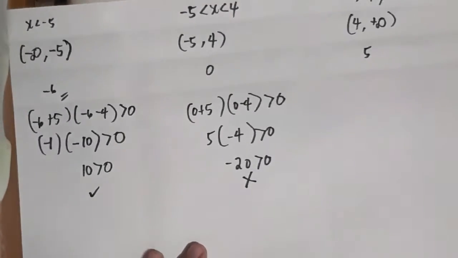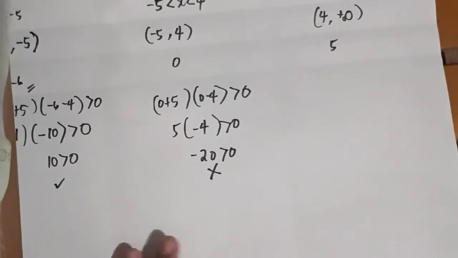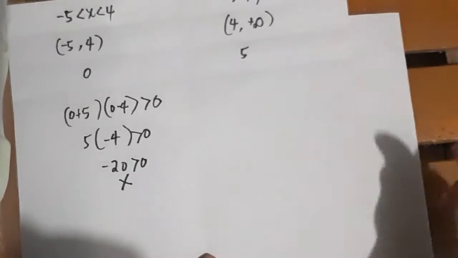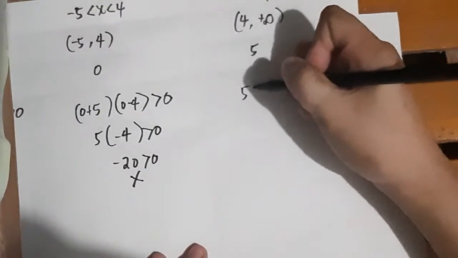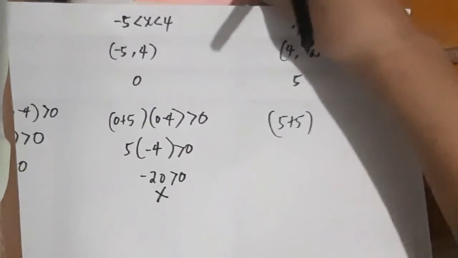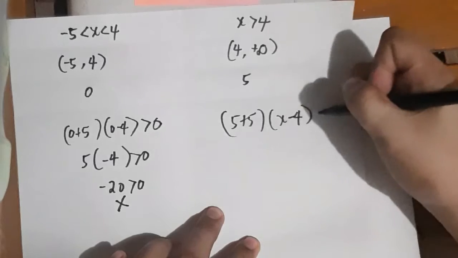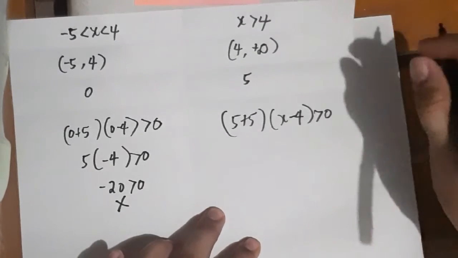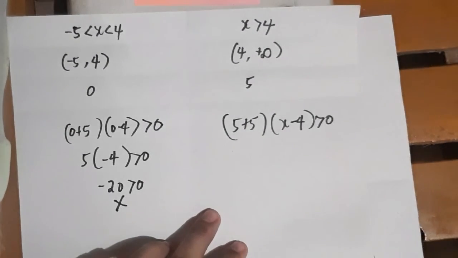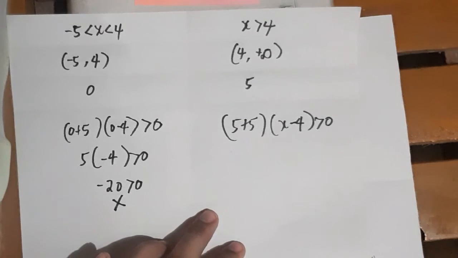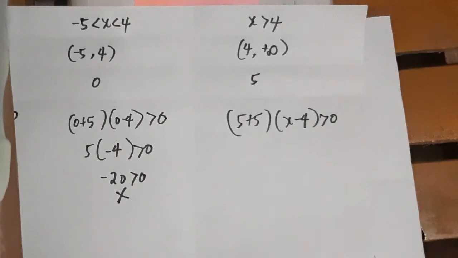So it's not part of the solution. Next, we use 5: 5 plus 5 times 5 minus 4 greater than 0. Always use the original inequality, or one where the right side is simply transposed to the other side. So again, use the original inequality.